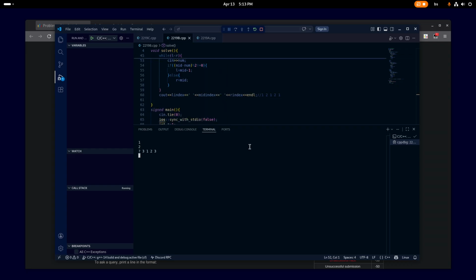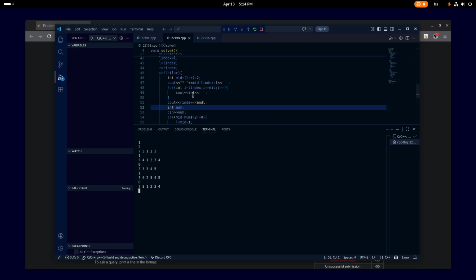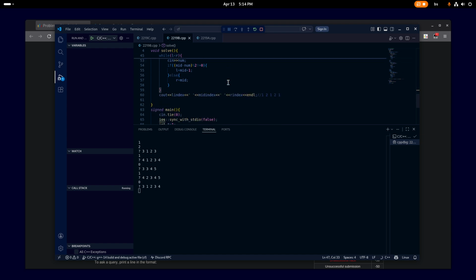Okay, here it's 1, 0, here it's again 1, 0. Now for this one, 1, 2, 3, 4. Okay, first I missed number of elements. I think it should be this +1. Rather, yeah. 1, 2, 3, 4.